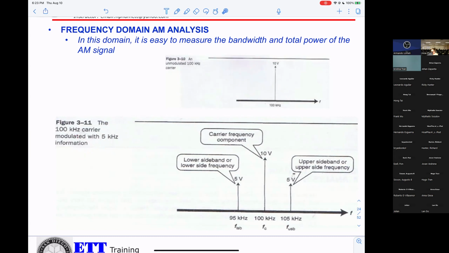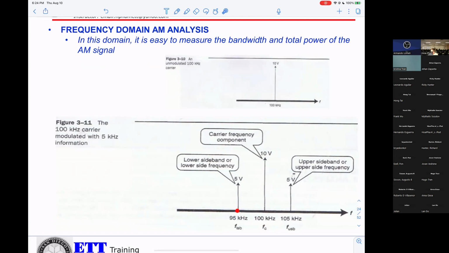This shows on the spectrum analyzer. 100 kilohertz here. Okay, carrier. And they tell you the carrier frequency, that's what you get, 10 volts. Okay. And your voice is 5 kilohertz.